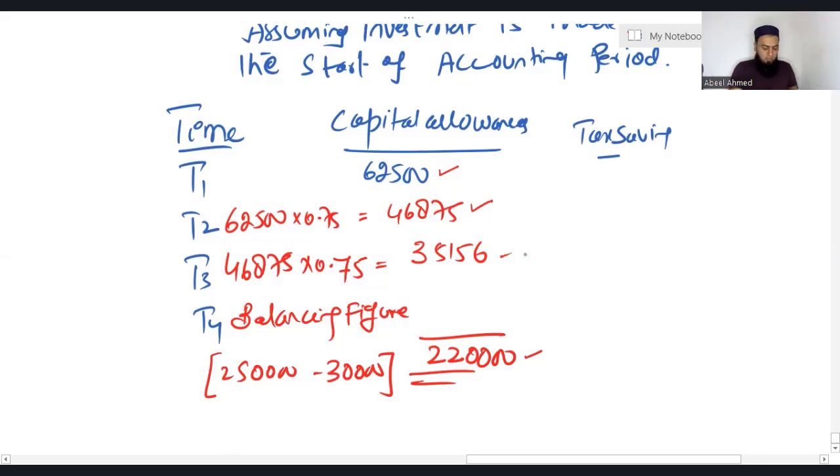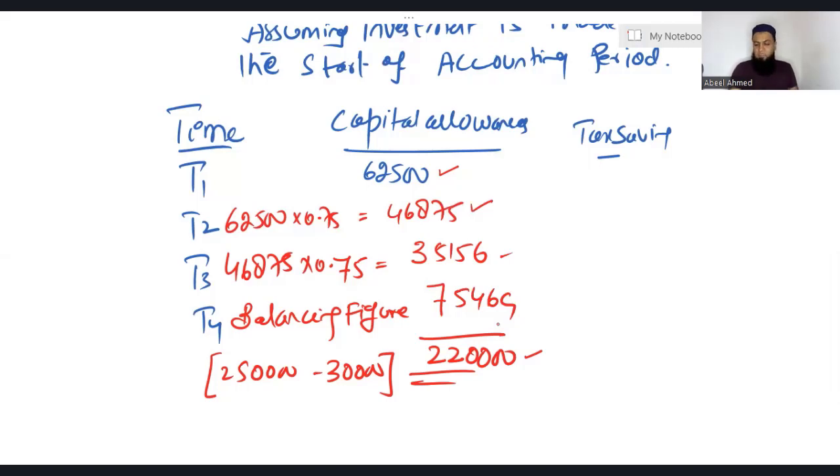You will get automatically the balancing figure. 2,20,000 minus 62,500 minus 46,875 minus 35,156. I'm getting a balancing figure 75,469. Let me recheck.